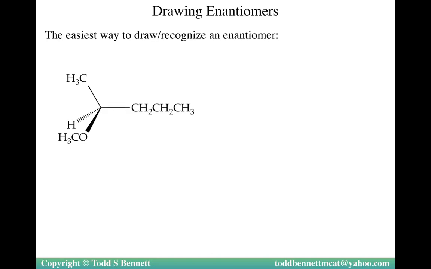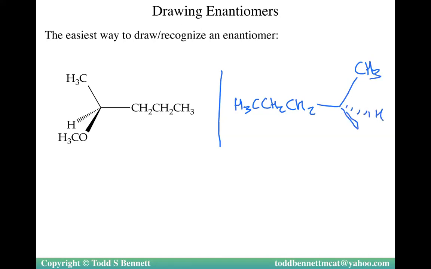So want to know how to draw enantiomers. So one of the easiest things to do, if I want to draw a reflection, I want to put a mirror here. And if I do that, I'm going to get H3C, CH2, CH2, line, methyl group up, H and back, OCH3 here.